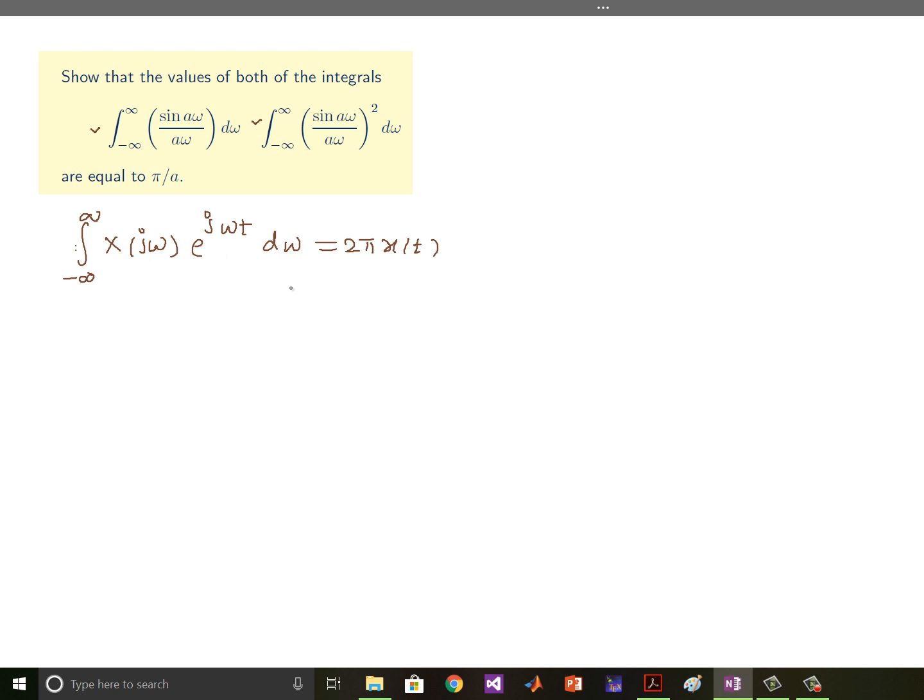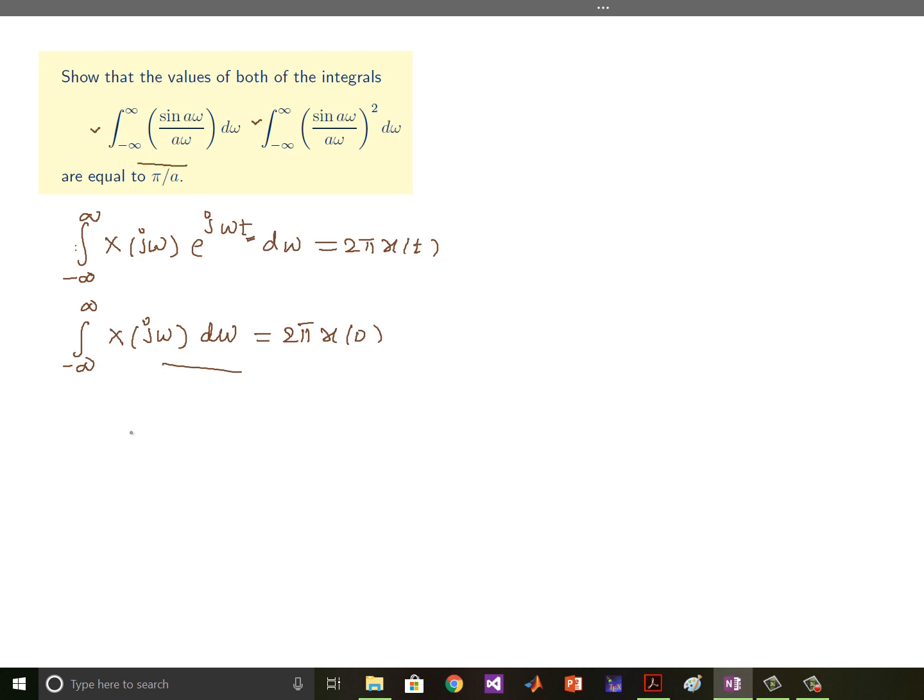Now if you replace t with 0, we get the integral from minus infinity to infinity of X(jω) dω equal to 2π times x(0). We will use this important result in evaluating the integral given here.